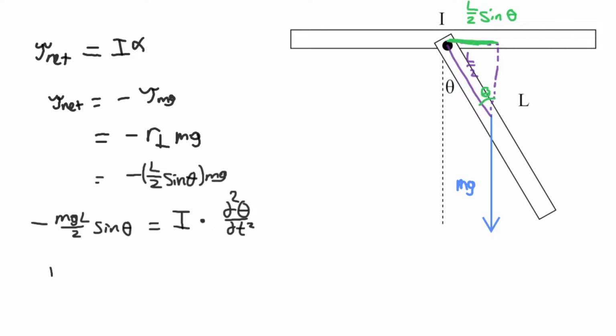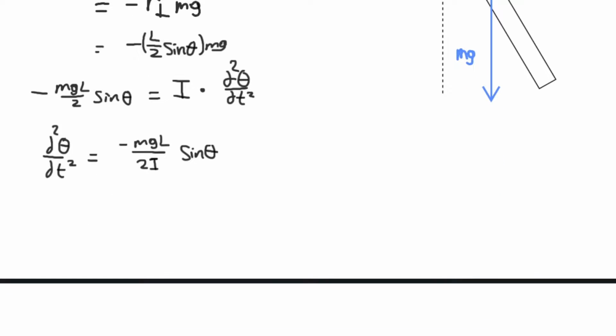So after rearranging, we get d squared theta dt squared is equal to negative mgL over 2I times sine theta. And then after applying the small angle condition, we get d squared theta dt squared equals negative mgL over 2I times theta.